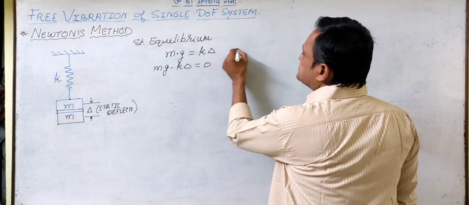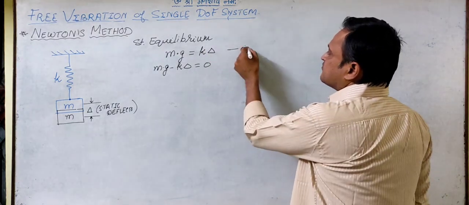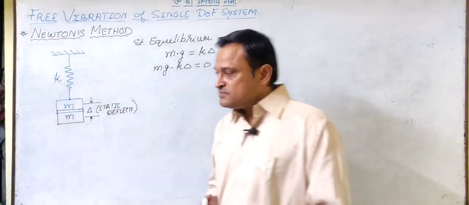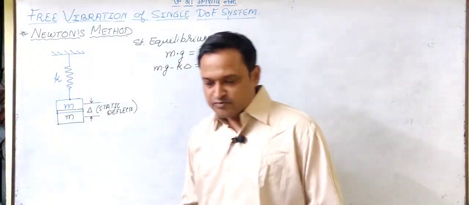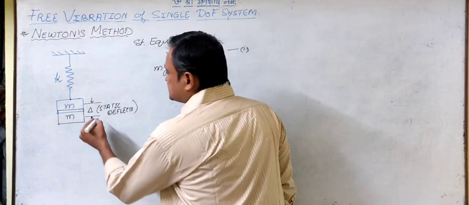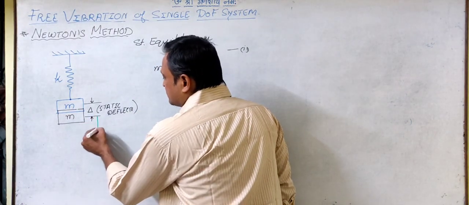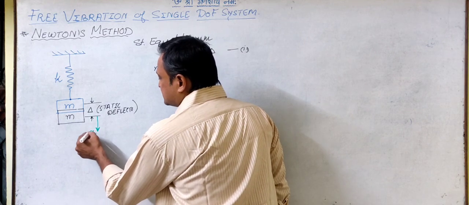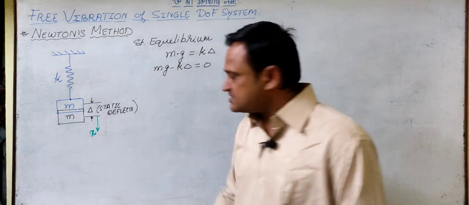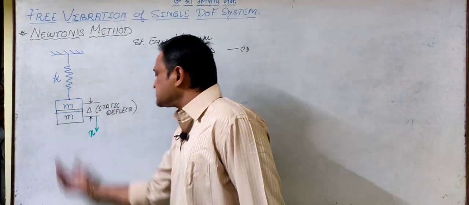So say this is equation 1 for me, right? And now from this equilibrium point onwards, I have said earlier that the displacement is measured from the equilibrium position. So let us say x is moving in this direction, so there is displacement.